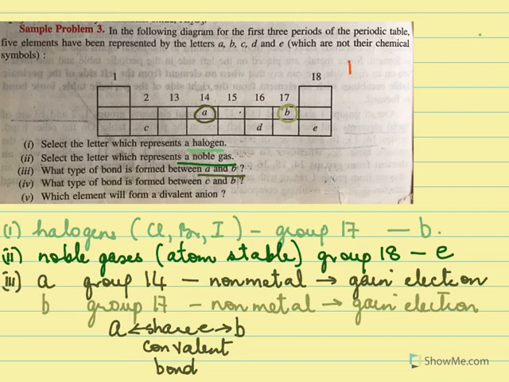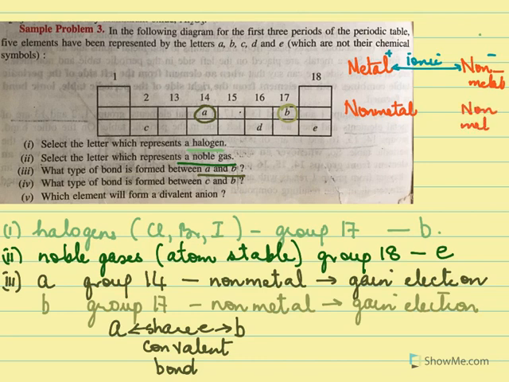So if we have a metal and we have a non-metal, the bond between them is always ionic, because one loses, the other one gains. We have positive here, negative here. But if you have a non-metal and a non-metal, the bond between them is always covalent.